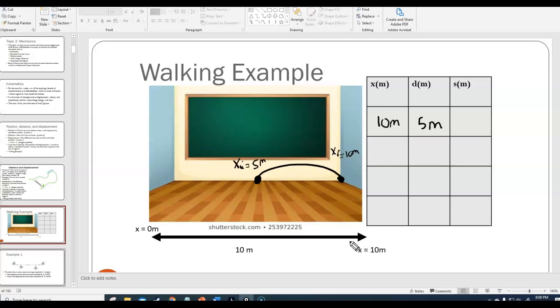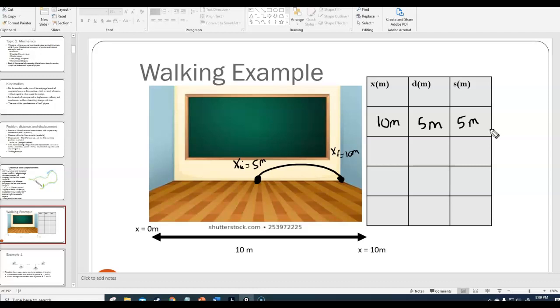And by definition, displacement is the difference between your final position and your initial position. Okay, so here I would say my displacement is 5 meters. Okay, so far, so good. Notice that distance and displacement can be the same value. Okay, they don't have to be, but in this case, they do happen to be the same value.